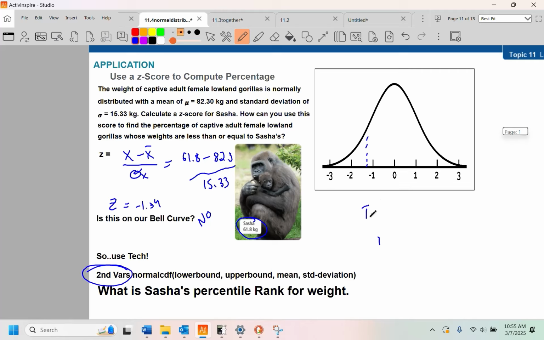And if using z-scores, we have to establish something called an upper boundary and a lower boundary. So your lower boundary is going to be stuff to the left here, is left of what you're interested in.